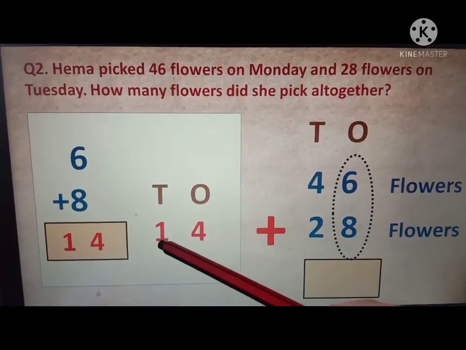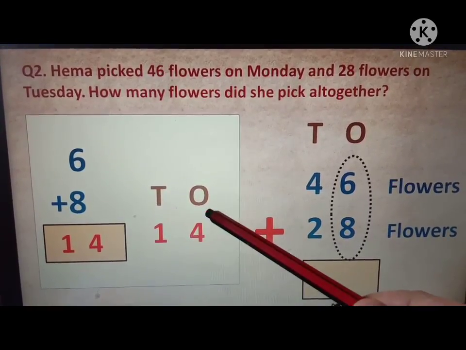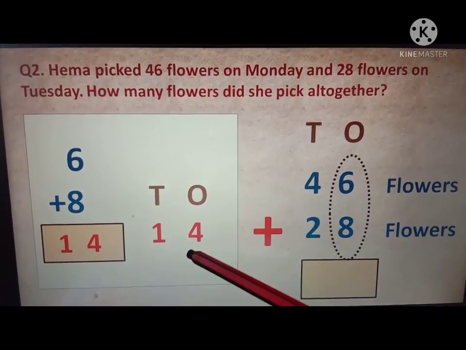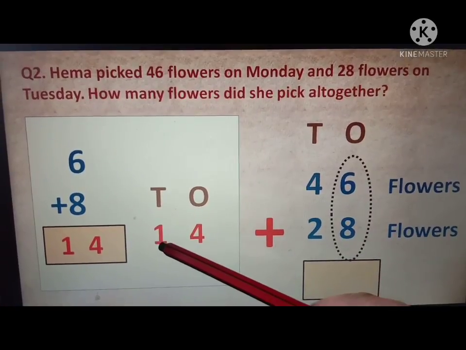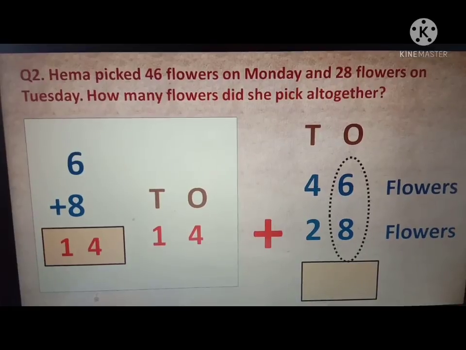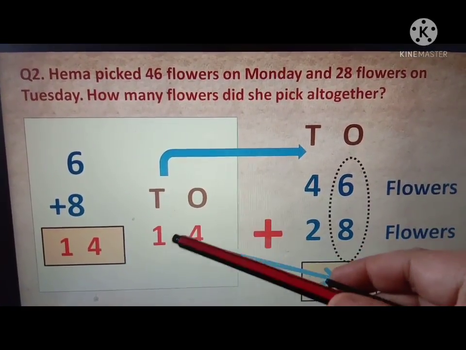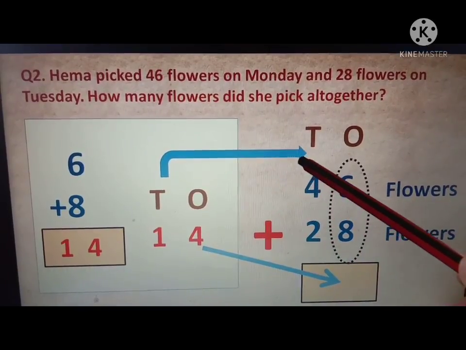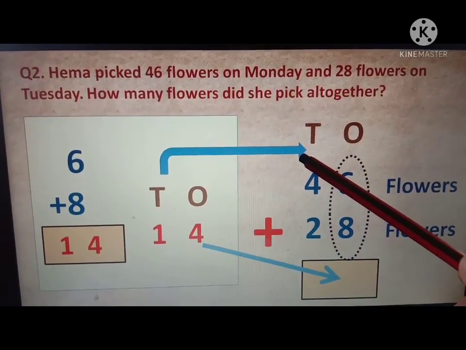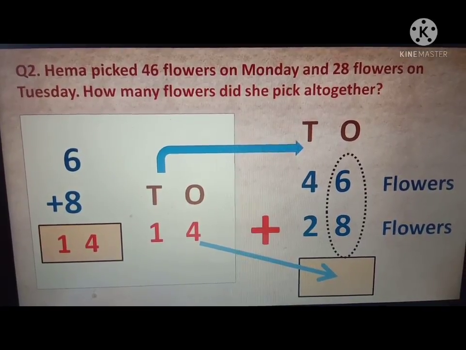And in 14 there is 1 at tens place and 4 at ones place. So we have to shift this 1 at tens place and 4 at ones place.